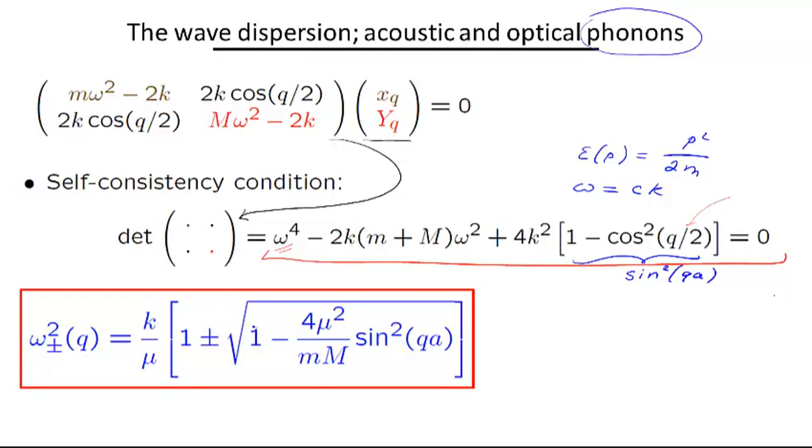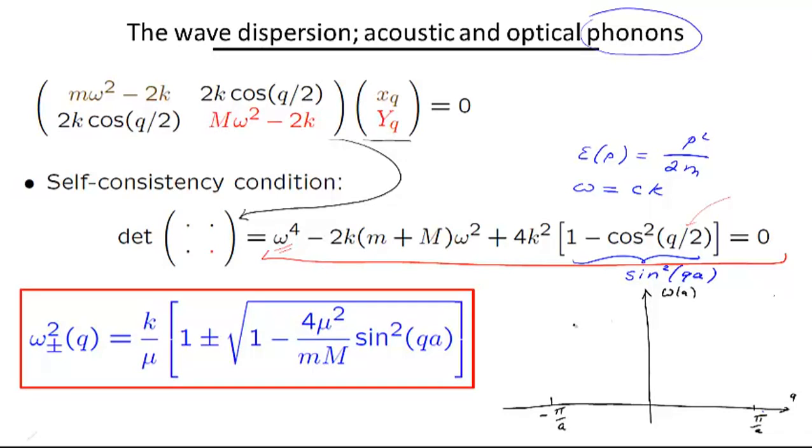There are two relations, two types of excitation, so two types of waves or normal modes that I get out of this solution. And if I plot these dispersion relations, this would be my omega of q, and q here is defined, I should have mentioned it before, between minus pi over a and pi over a.